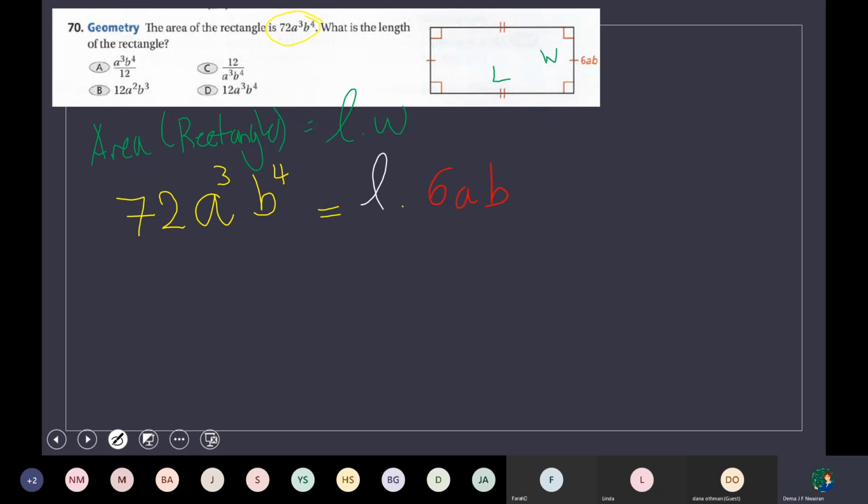How can we find now the length? Who can tell me? By dividing 72 by 6AB. No. See. Yes, by dividing. Yes, it's true, but not 72.